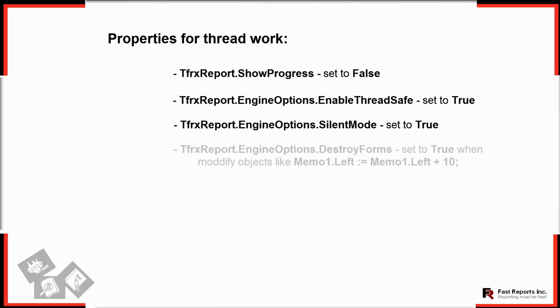If during report execution there are some changes in objects, for example, like we can see here, changes in object position inside the report script, you need to remember that during the next operation, if the property EngineOptions.DestroyForms is set to false, the report template will already be modified and it will need to be reloaded, or use EngineOptions.DestroyForms set to true.